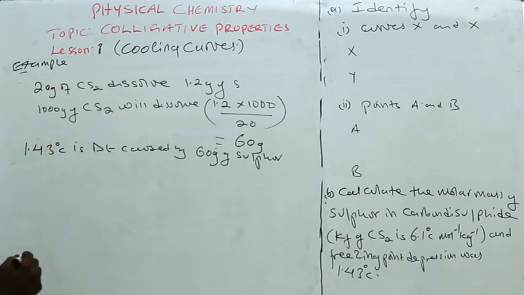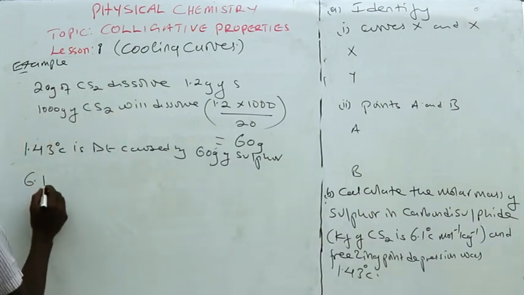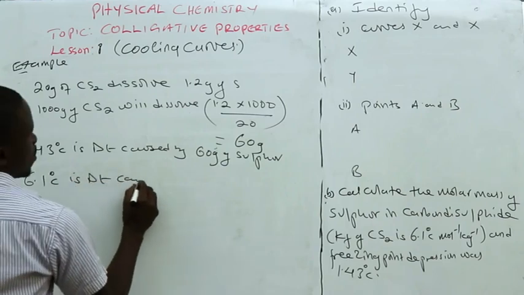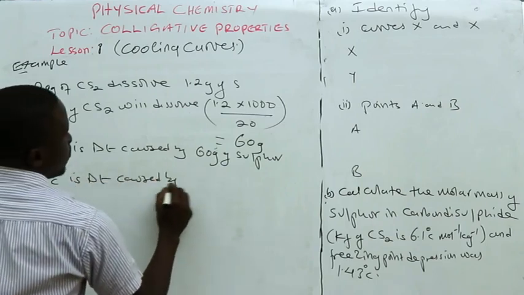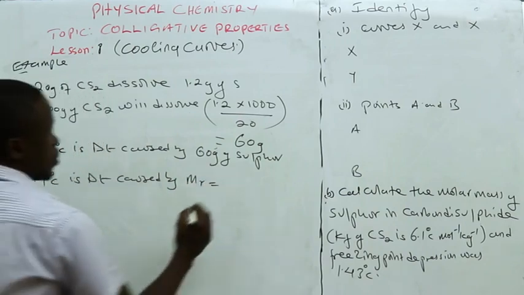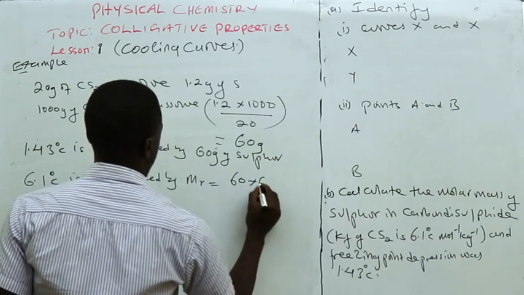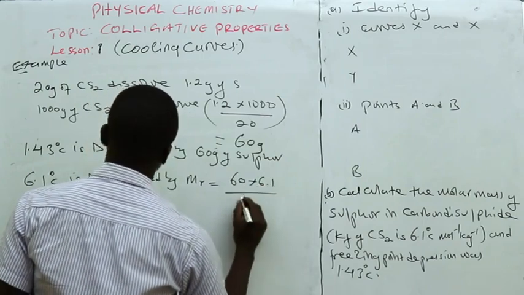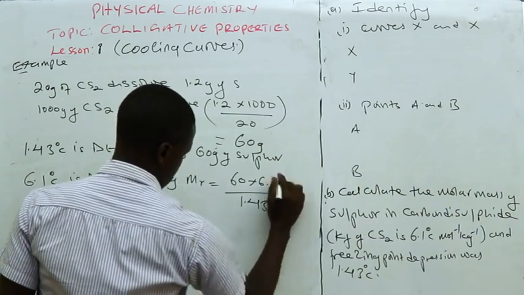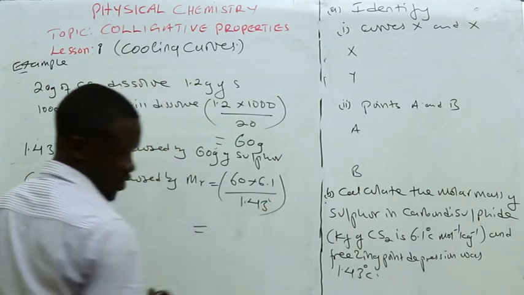What about 6.1 degrees Celsius? It is the dT caused by 1 mole, which is the molecular mass.